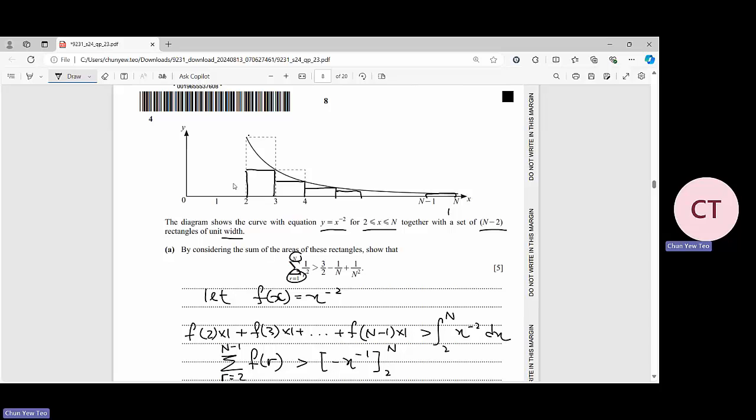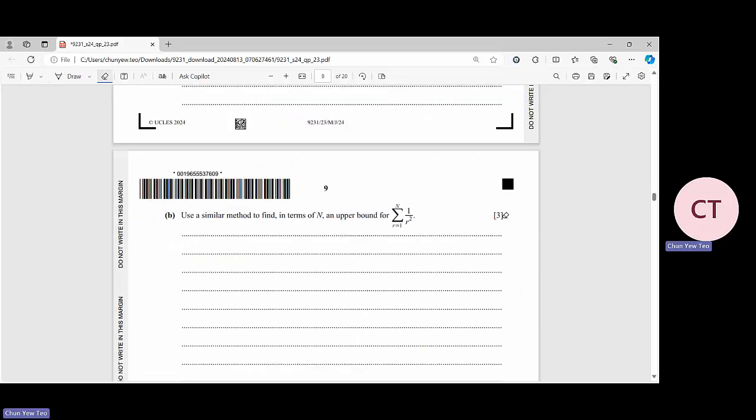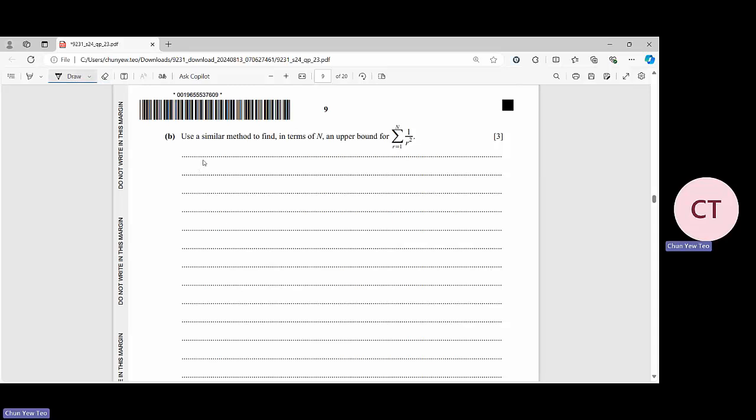Again, I still let f(x) equal x to the power negative 2. But I need to start from f(3) multiply 1 plus f(4) multiply 1 plus dot dot dot plus f(n) multiply 1, which is less than the integral from 2 until n of x to the power negative 2 dx.